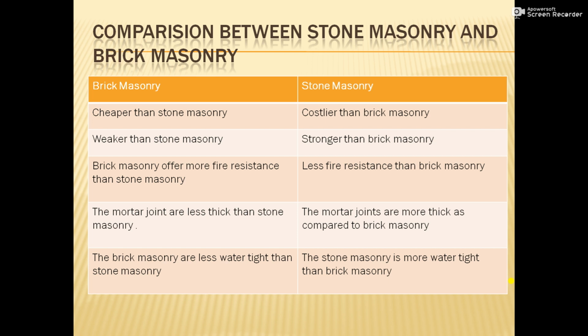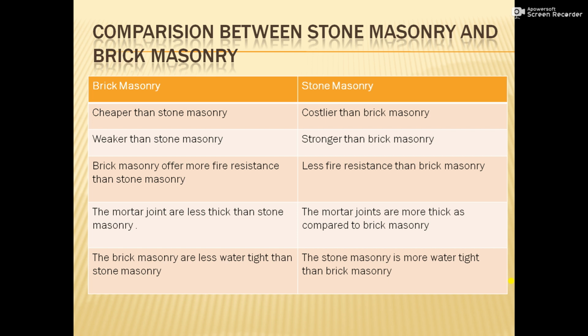The second point of comparison is that brick masonry is weaker than stone masonry. Stone masonry is stronger than brick masonry. Okay, in brick masonry we are using bricks which are made up of mud and some other material, and as compared to stone, those bricks are weaker to carry loads.